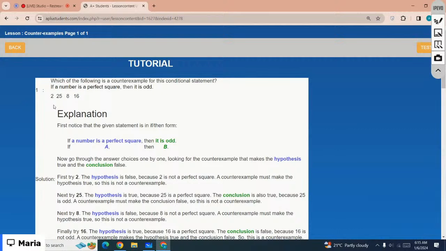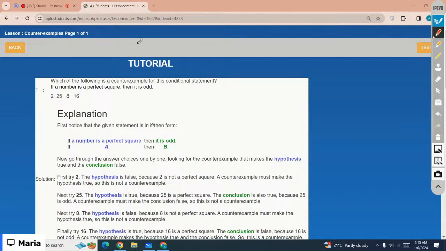Start with the 2, right? For 2, the hypothesis is false because 2 is not a perfect square. For 25, the hypothesis is true because 25 is a perfect square, and the conclusion is also true because 25 is odd, right?